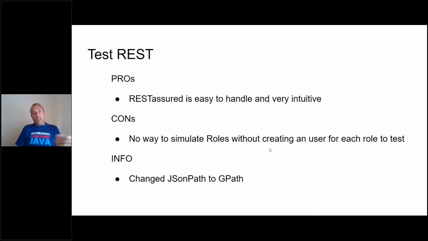And also the expression, well, if you use the default one, it's a bit different, JSON path from Groovy path, but it's very similar. And there's no way of simulating roles, so you have to only inject a user in order to test permissions. With Spring, you can inject directly a role. So, well, this was also a thing that I found.